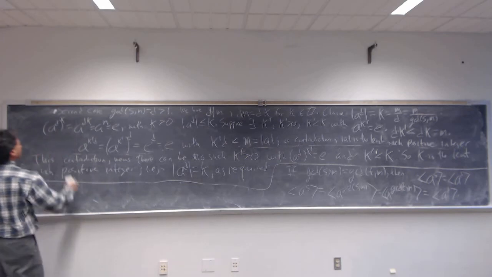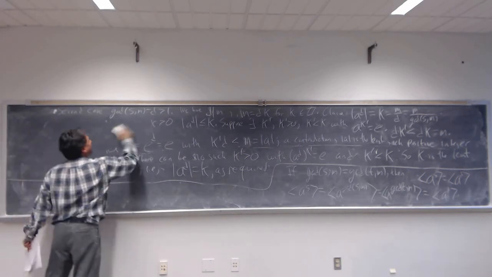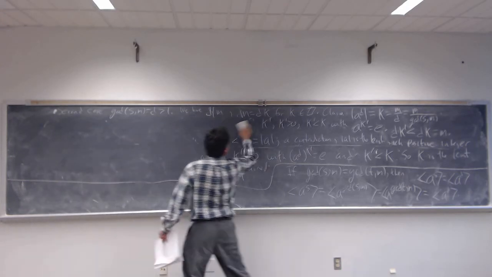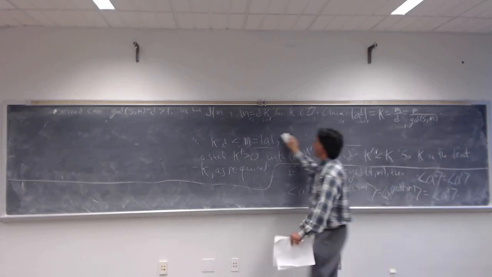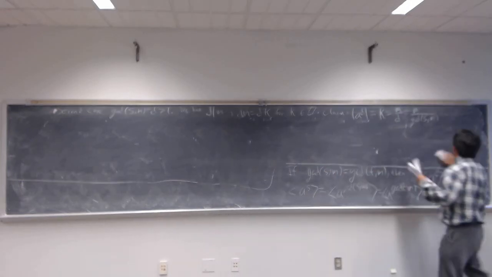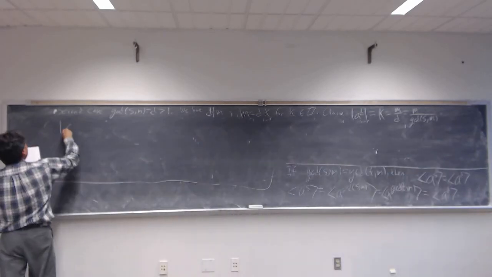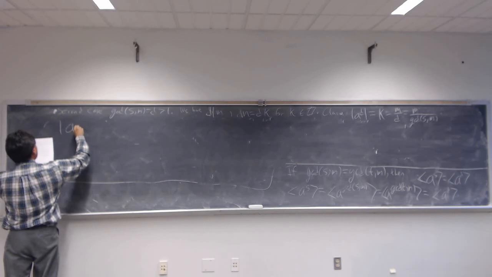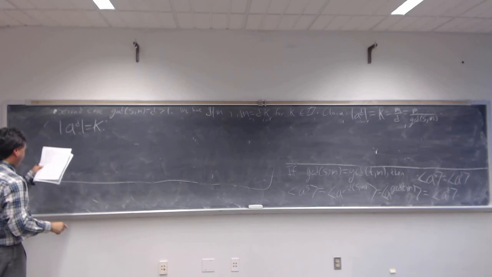So we've shown that the order of a to the d is equal to this k. But let's prove this.